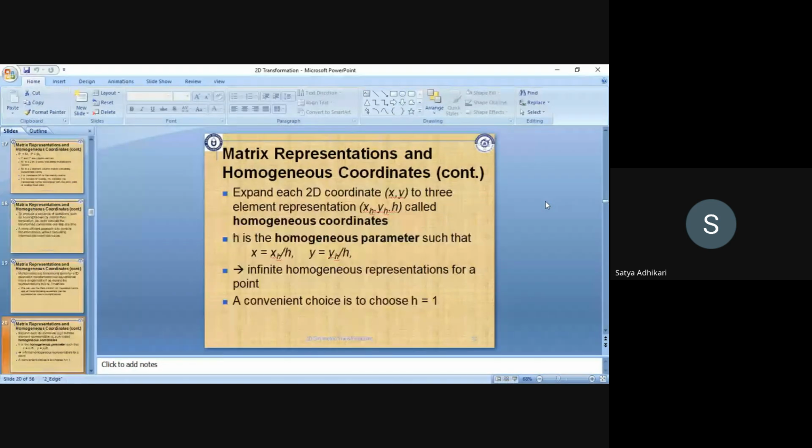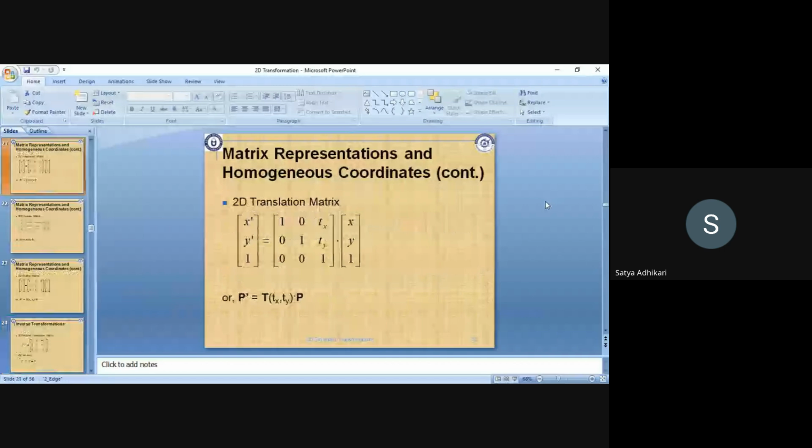Now you come directly to the matrix representation. You see here, this is the translation matrix. Now I am able to represent the 2D translation matrix as a 3D one. The result is the same.